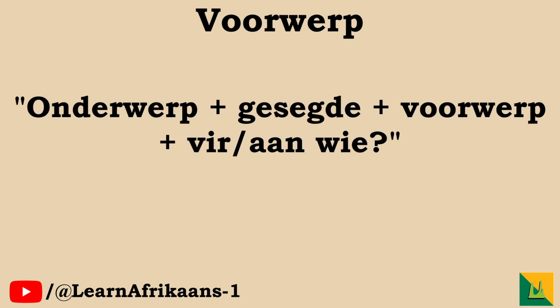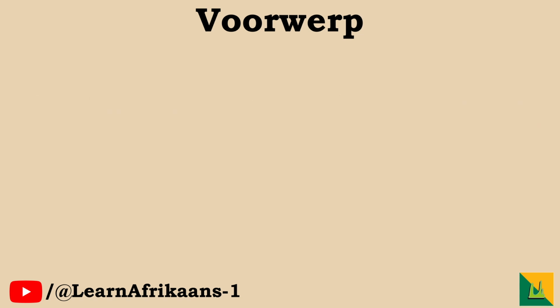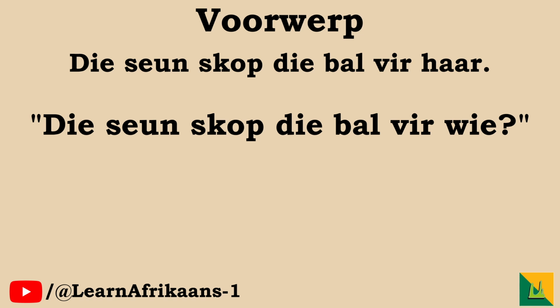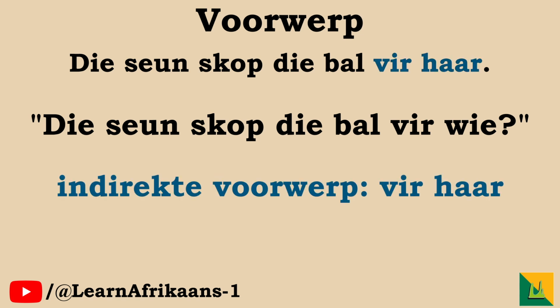In Afrikaans, onderwerp plus gesegde plus voorwerp vir wie of aan wie. Insert our example sentence. Die seun skop die bal vir wie? Vir haar. Your indirekte voorwerp is vir haar.